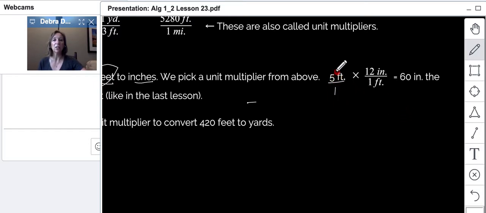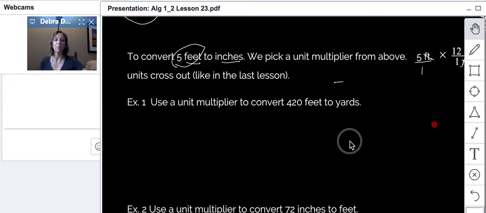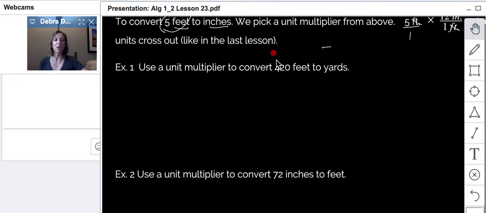Remember we learned with fractions just this week that we can cross out the diagonal like numbers. Over here we have feet, and we're multiplying over feet, so the feet cross out, and we just take the numbers in the numerator. 5 times 12 is 60. So it's 60 inches. That's what I was talking about in the last lesson.